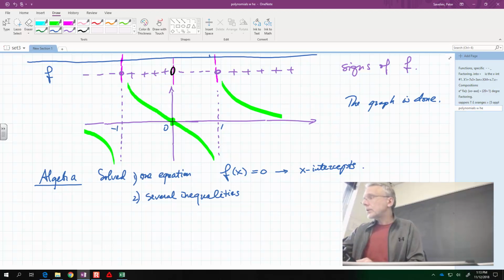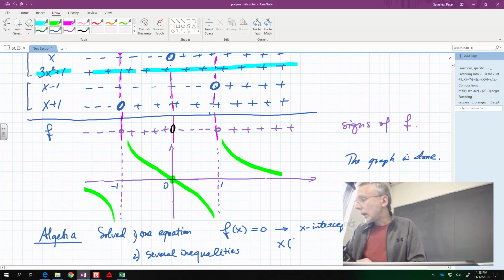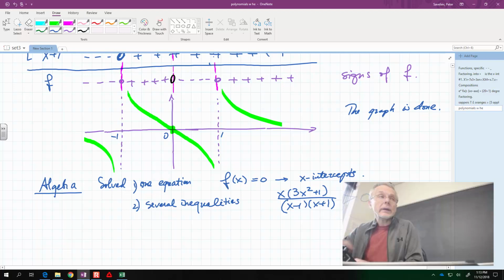So in this particular case, I take my function x cubed times x squared plus 1 over x minus 1 times x plus 1, and to begin with, maybe I need to solve this inequality. That's number one inequality that you might solve. Number two, less than 0. Number 4, larger than or equal to 0. Number 3, less than or equal to 0.